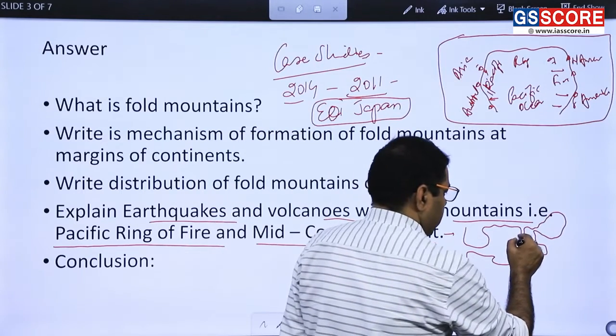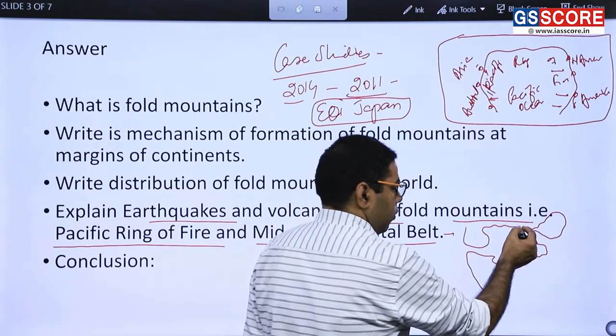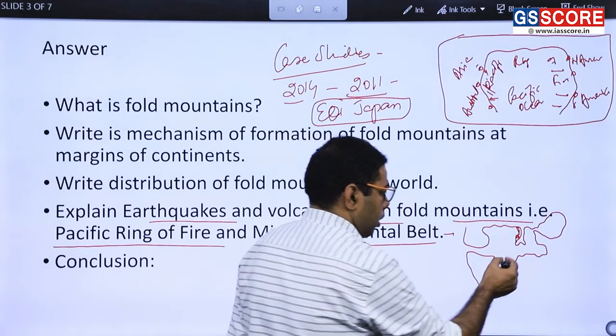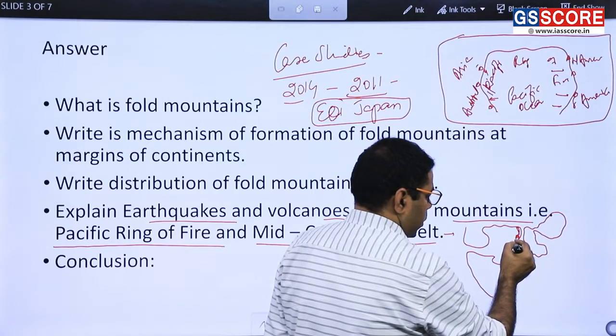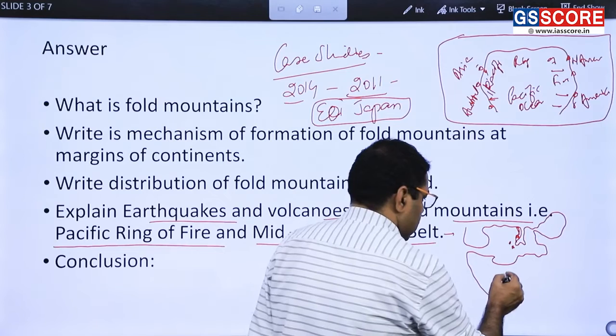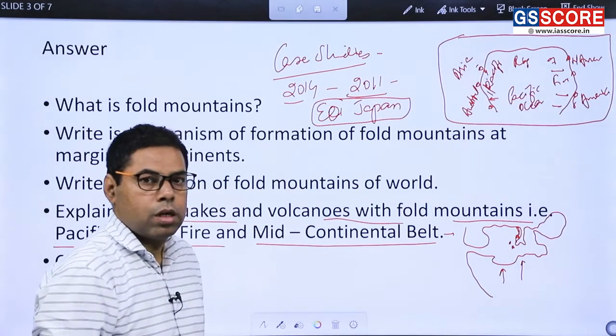Here you can locate Mount Vesuvius, it is on the mainland of Italy. Here is Mount Etna, here is Mount Stromboli, right. So this is also, you can show, converging plate boundaries, right.